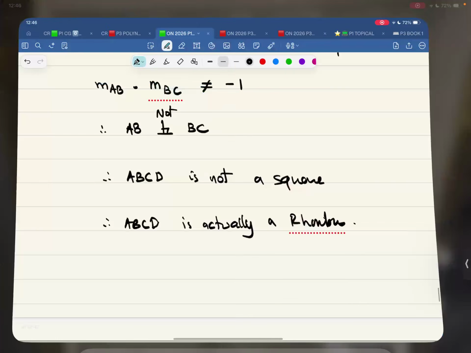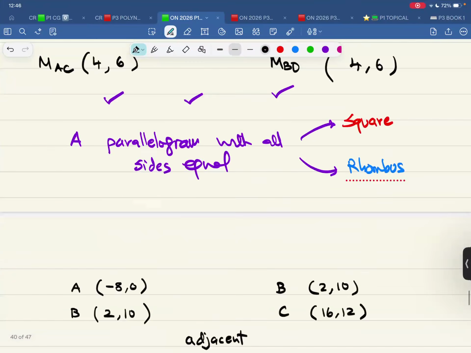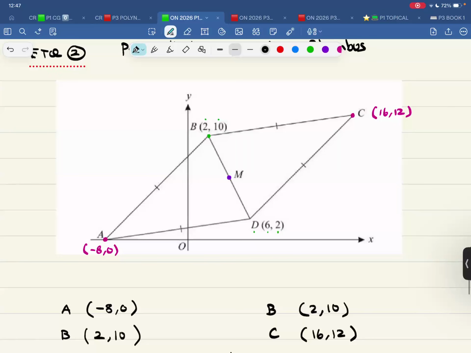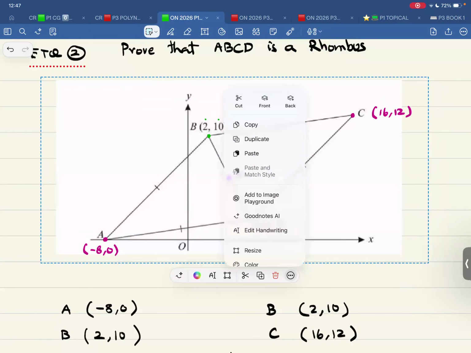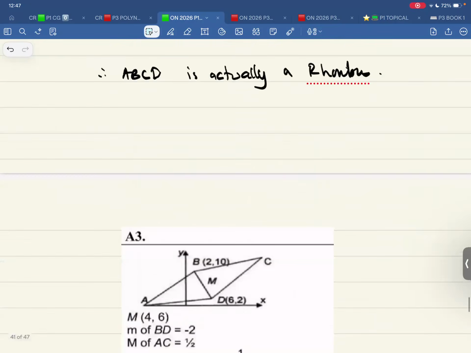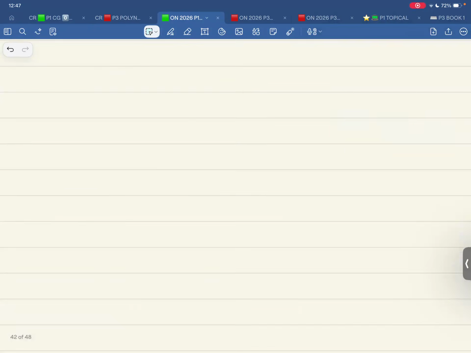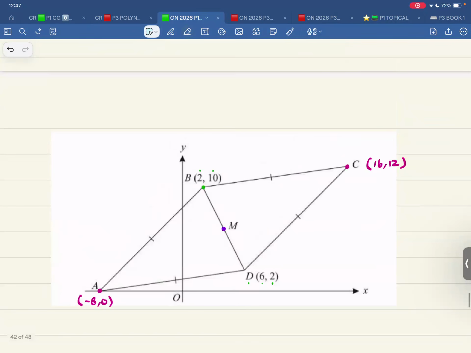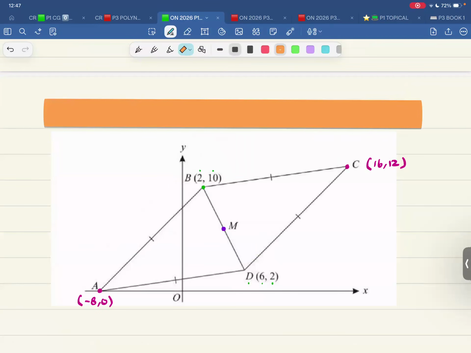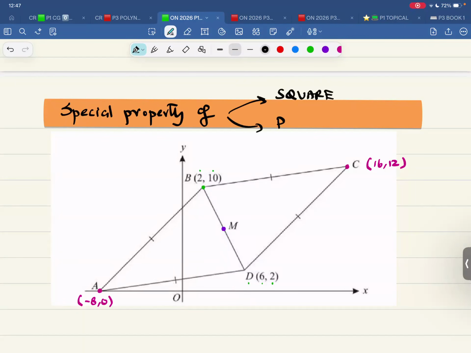Correct? Now let's do one other thing. Let's take this diagram and look at a special property of a square and a rhombus.